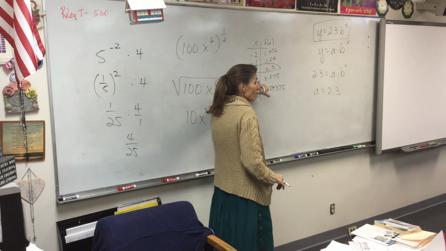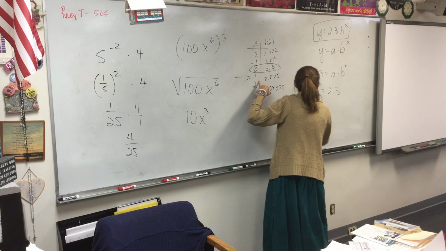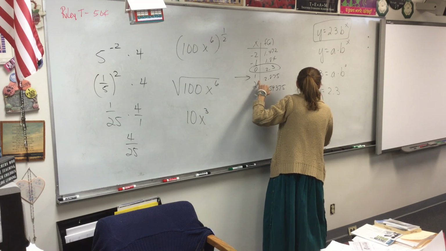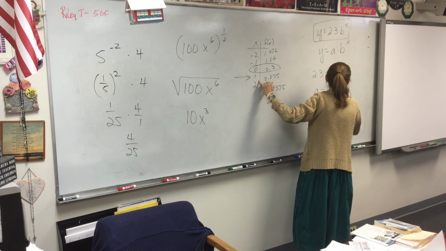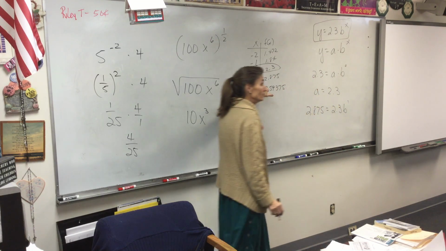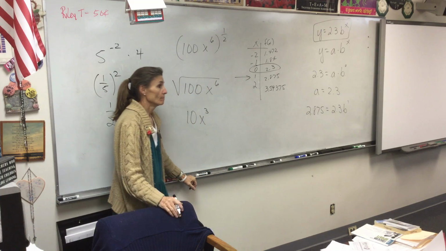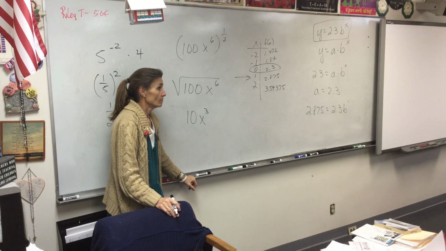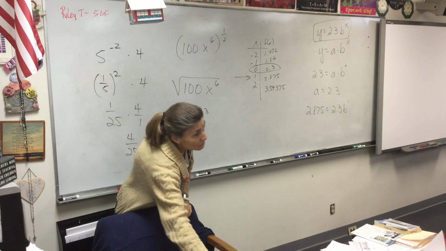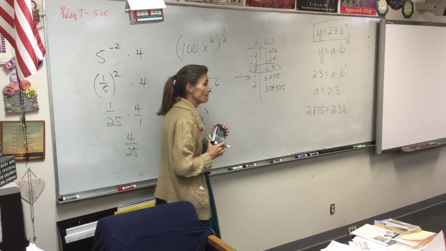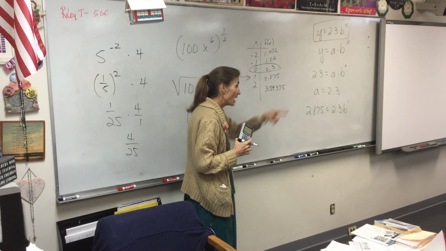So if I pick that point, 2.875 equals 2.3 b to the first. Yeah, you can use a calculator for this. What do I do first? Divide. Very good.